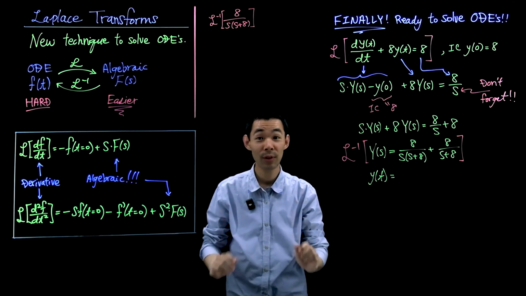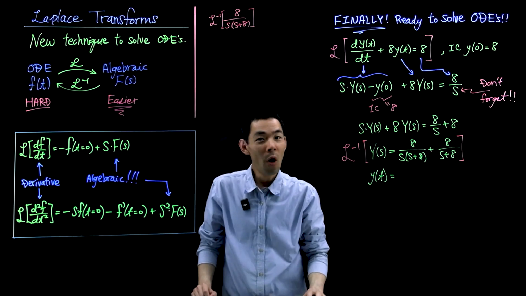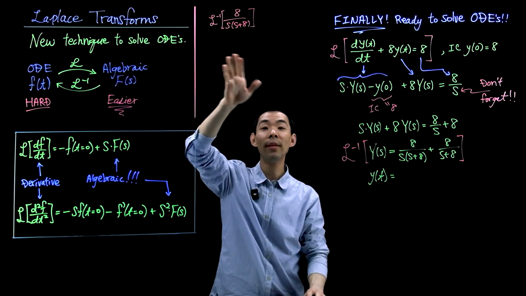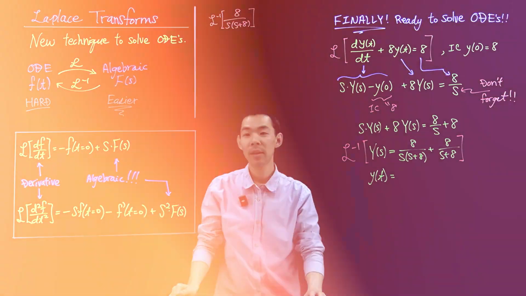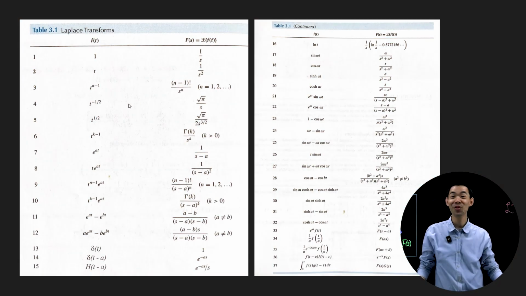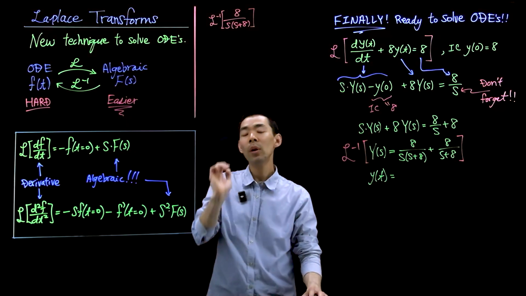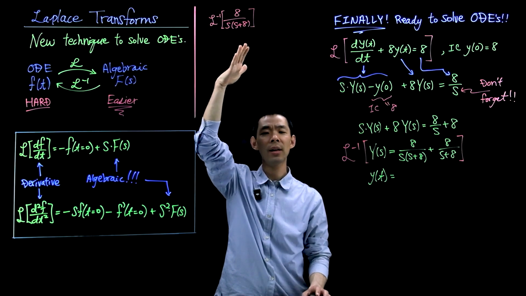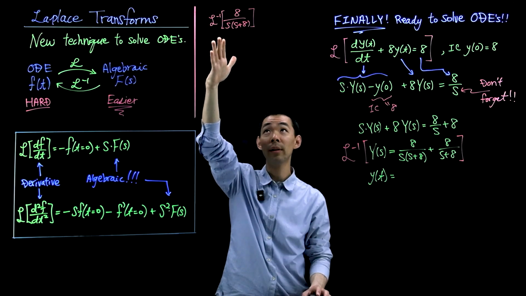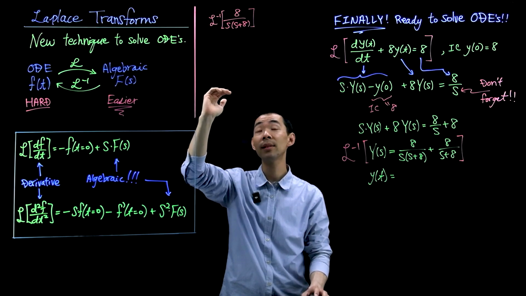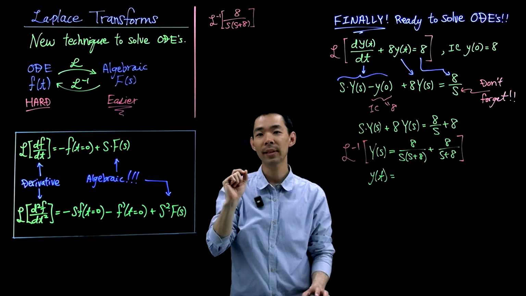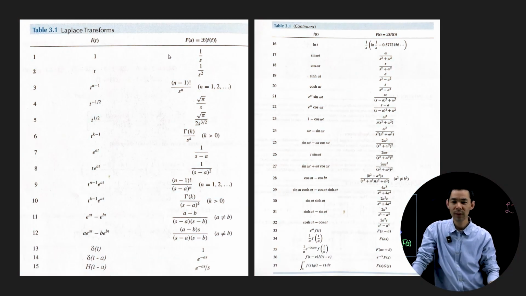So now if we go to the screen where you can see the Laplace table, all you have to do is compare the term that we want to take the inverse of and look for some function that looks like that on the right-hand side of the table, either here on the page left or over here for the page on the right. So if you go down the table, we're looking for something that looks like a constant on top of the numerator, and on the denominator we have s times the quantity s plus 8. So we're looking for something like that.